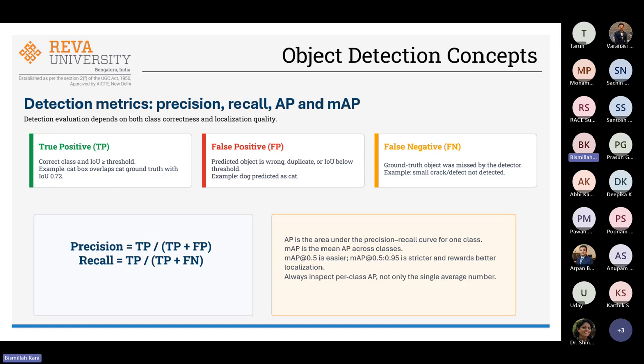So this is a very, very important area, because we need to understand how the object detection evaluation happens. We touched upon it when we were discussing intersection over union, but now let us pay careful attention and understand these concepts.